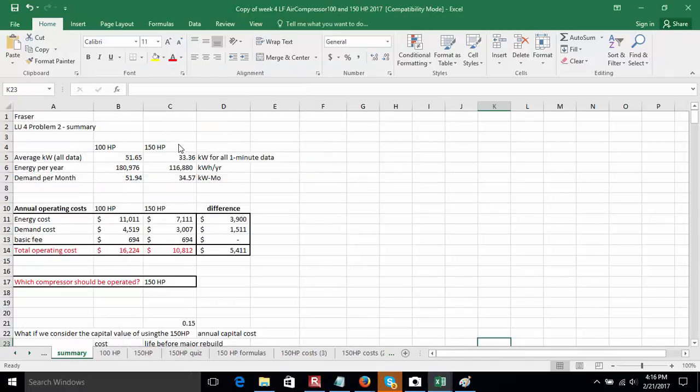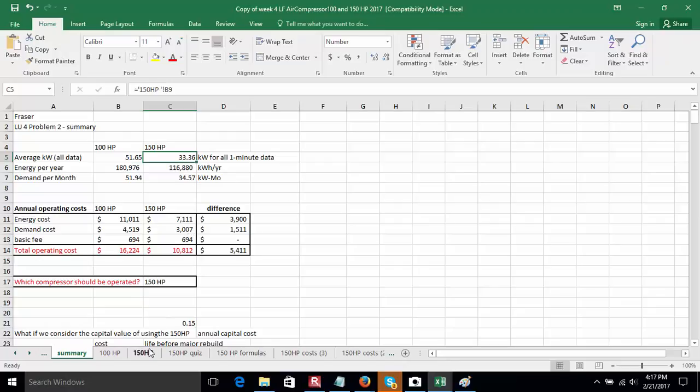All right, so this problem's a little more involved. Okay, let's just look at the summary, because the same basic logic that we applied to the 100 horsepower motor applies to the 150. So what we're first looking at is the average kilowatts. This is what we just calculated for the 100. Now let's see where we get the average kilowatts for the 150.